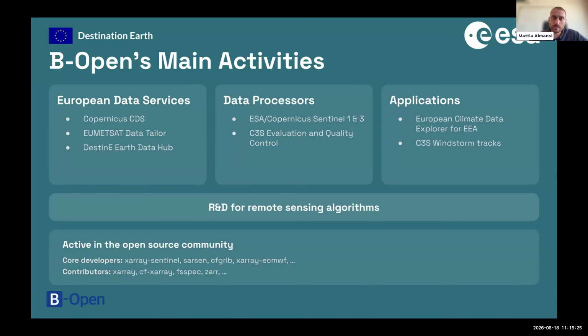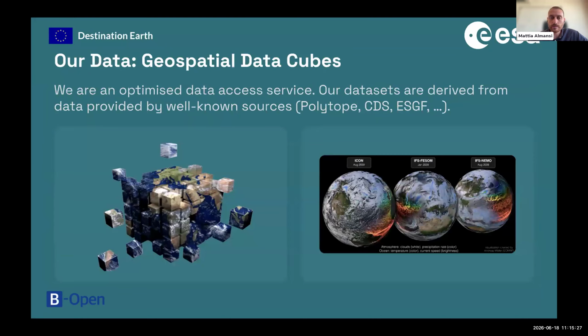Okay, let's dive into the Earth Data Hub. In this slide, you see the target datasets that we are serving through the Earth Data Hub. They are geospatial data cubes. With geospatial data cube, I mean a discretized representation of the Earth, usually done by simulation, but not only.